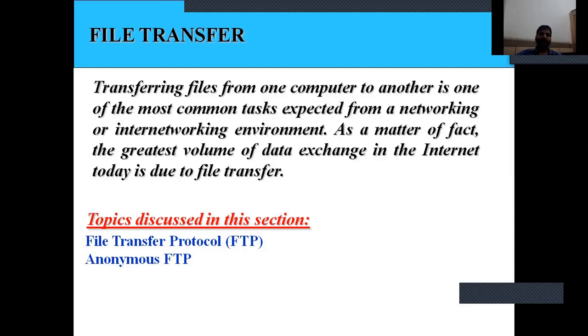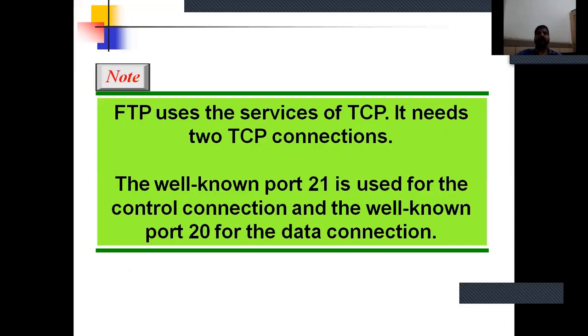In this protocol, we discuss the following topics: FTP and anonymous FTP. FTP uses the services of TCP. It needs two TCP connections. The well-known ports used are port 21 for the control connection and port 20 for the data connection.